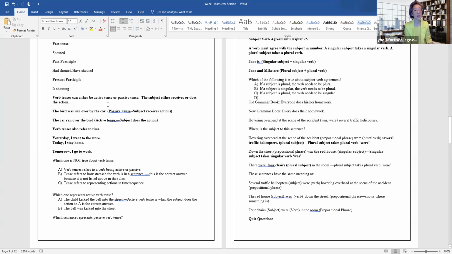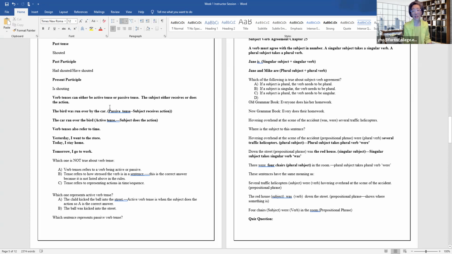Verb tenses can either be active tense or passive tense. You can either have active or passive voice. So the subject either receives the action or does the action. So here, the bird was run over by the car. Here, the bird is receiving the action of being run over by the car.